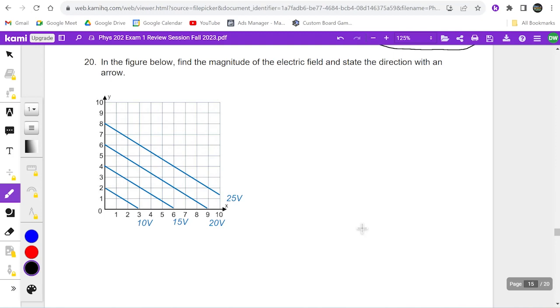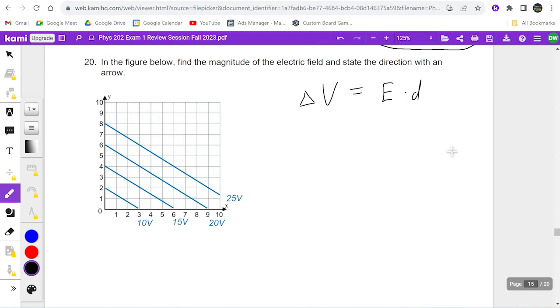No, we cannot. So anyways, with number 20, in the figure below, find the magnitude of the electric field and state the direction with an arrow. The direction's the easy part. The number is the hardest question all of tonight. Even though the equation is simple, you have voltage and electric field, so it makes common sense to use this equation, delta V equals E times D. But the tough thing is, first of all, there's 4 delta V's you could use.